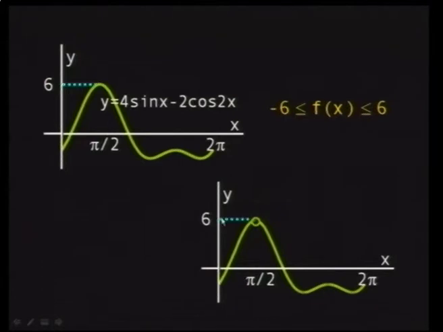But yet the function has an upper bound of 6. And at the point pi by 2, if we substitute here, you get 6. But 6 does not lie in the range of the function, neither does pi by 2 lie in the domain of the function. But still, we call 6, in which case, a least upper bound. So here 6 is the least upper bound of the function if you exclude the point pi by 2, whereas it's the maximum when you insert pi by 2, or let it be an element in the domain of the function.